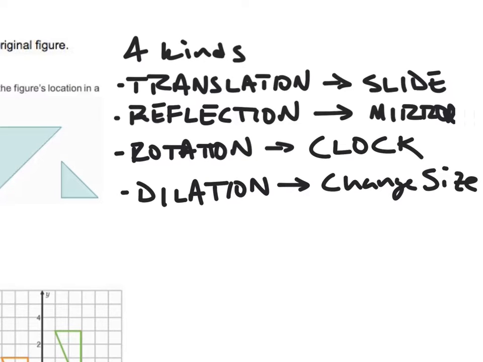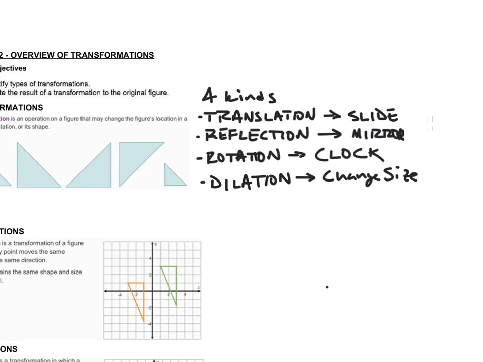Okay, and so, really what you have here, these are all the things that we would do on a figure if we wanted to either move it in some way, and by moving it, we can do that using a slide, we can mirror it, or we can rotate it using a clock idea, or a dilation means we change the size, okay?